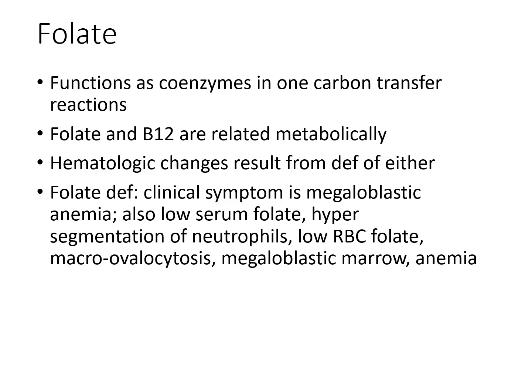If we have a deficiency, there can be some hematologic changes. So a deficiency of either folate or vitamin B12 can result in abnormalities in the hematology world. So folate deficiency can go to megaloblastic anemia. For laboratory findings, we would see a low serum folate level. We would see hypersegmentation of your neutrophils.